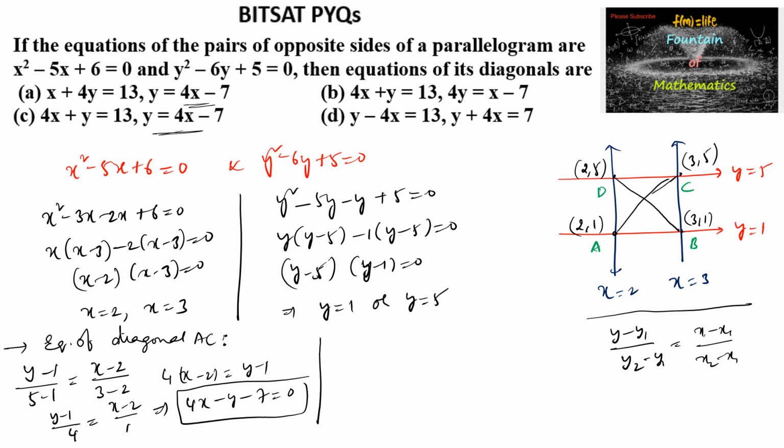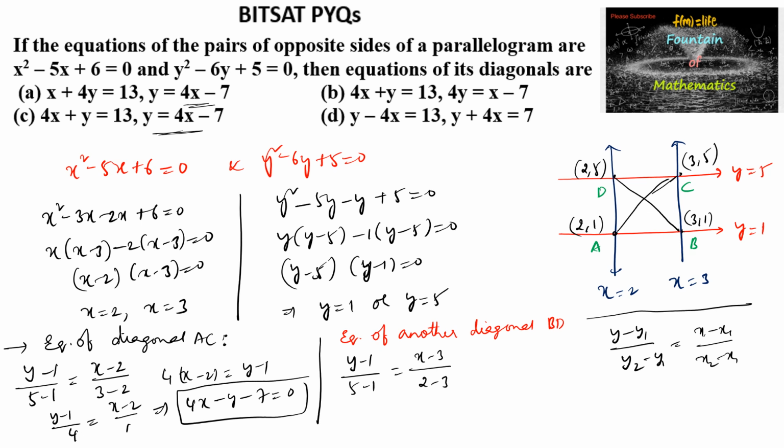And now the equation of another diagonal, say BD. With the points (3, 1) and (2, 5), we can write (y minus 1) upon y2 minus y1, that is 5 minus 1, which is equal to (x minus x1) upon (x2 minus x1), that is 2 minus 3.